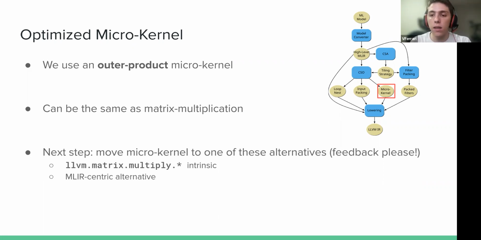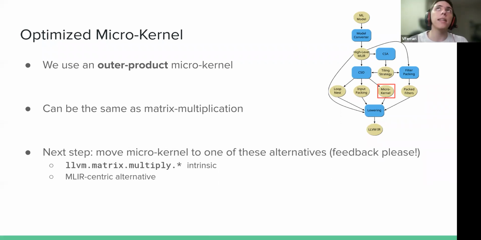So the BLAS libraries use outer product microkernels for their GEMM routines, and we can use them as well. And that's actually what we're using. We're using an external library to call the microkernel that we took from a BLAS library. So we're not using a microkernel generated by MLIR yet. That's not in our prototype. It uses an external library for the microkernel.